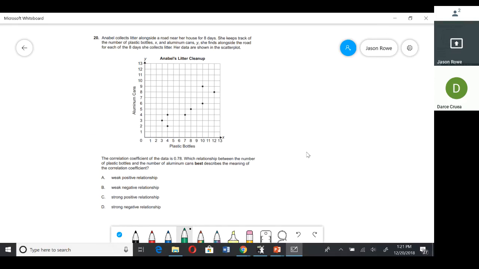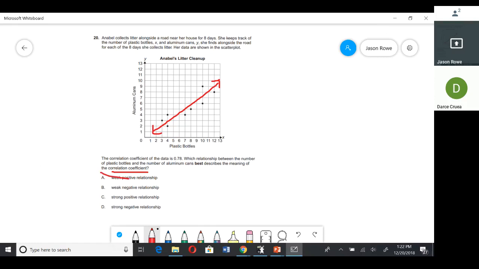All right. Even if you don't understand the word correlation coefficient, you ought to understand positive and negative. So if we kind of do that through the data, that's not a great line there, but I'm just trying to give you an idea. That is a positively sloping line.